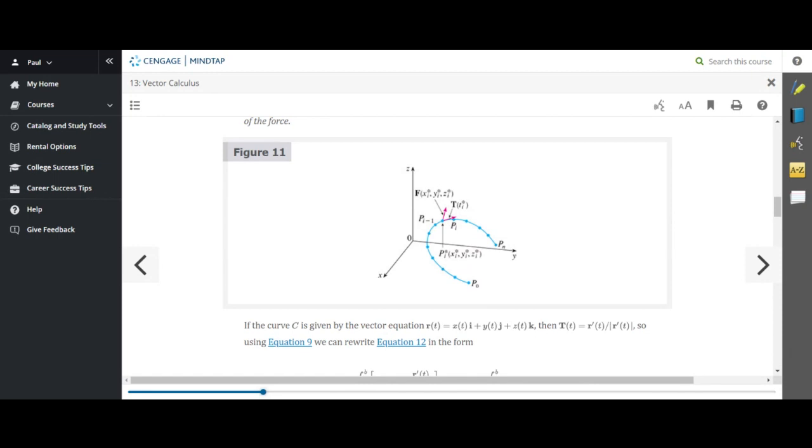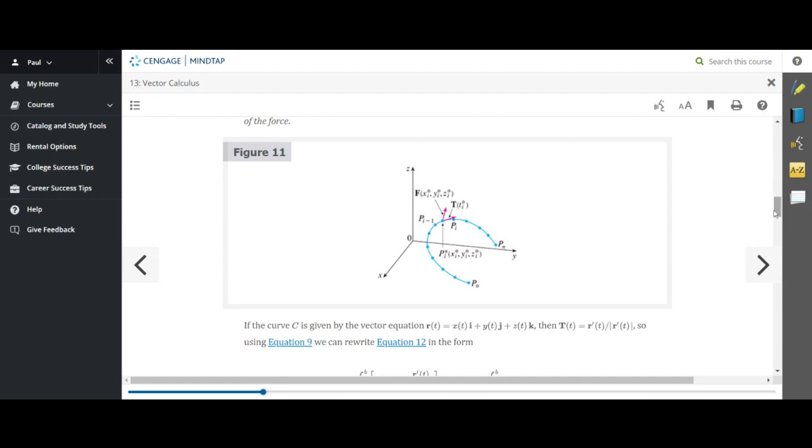It's going to move in the direction of the tangent vector by some scalar. The natural scalar to use would be delta S, a little piece of arc length.